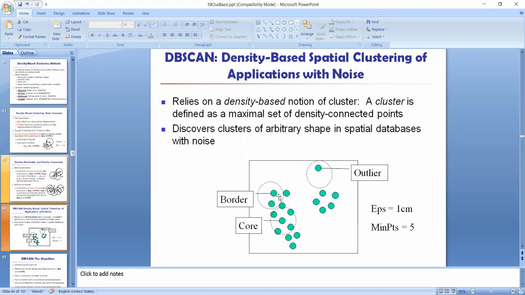Then we can call it a border point, right? If we are taking a particular point, that point must be within the range of a core point, then we can call it a border point.